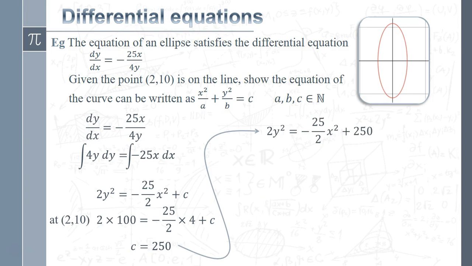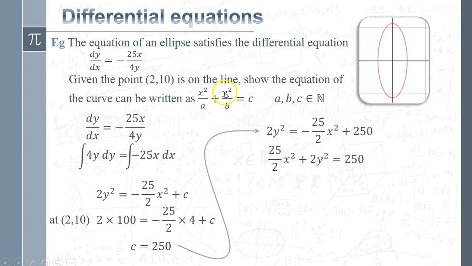So there's my equation as it looks at the moment, and the final thing I've got to do with this is get it to look like that, which is the standard form for the equation of an ellipse. A, B and C belonging to the natural numbers, so these need to be whole numbers. So what we'll do is just do a bit of tidying up to begin with. I've brought the 25 x squared over to the left hand side, and now I just need to deal with the coefficients within here.